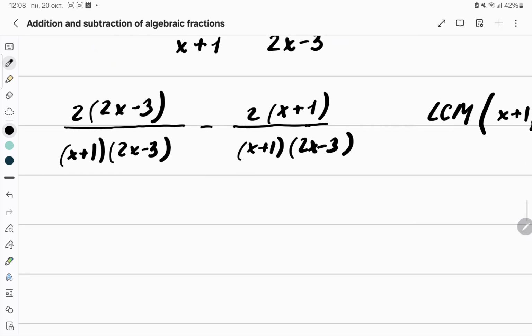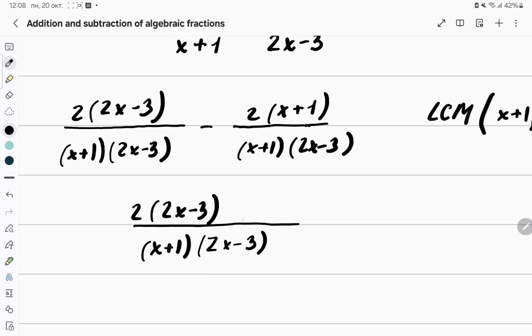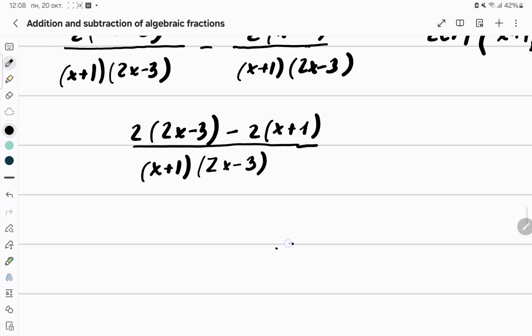Okay, now we can make a subtraction. So now the common denominator is obtained, x plus 1, 2x minus 3. Then here we will go step by step, not in a hurry. And now everything is ready to open the brackets and simplify.